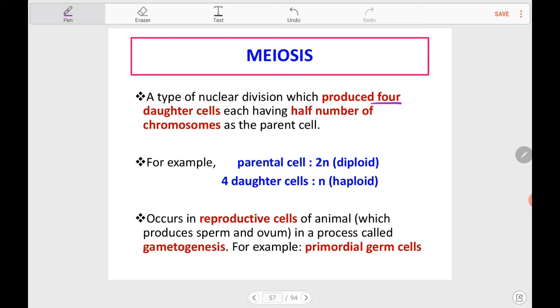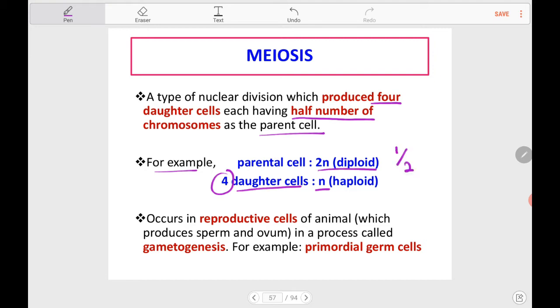Each of the daughter cells will have half the number of chromosomes as the parent cell. For example, if the parent cell has 2n or diploid number of chromosomes, the 4 daughter cells will have haploid or n number of chromosomes. So this is what is meant by half.